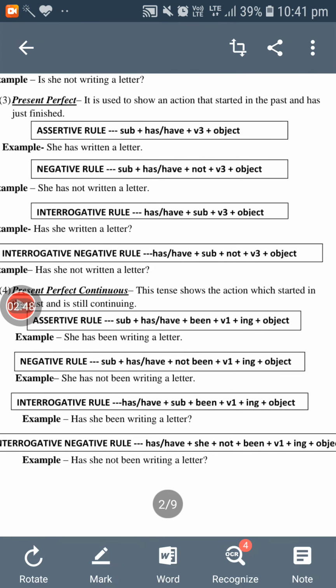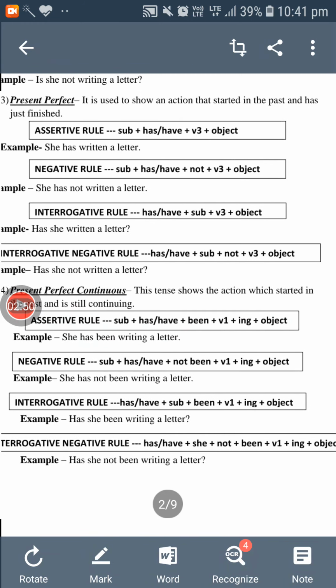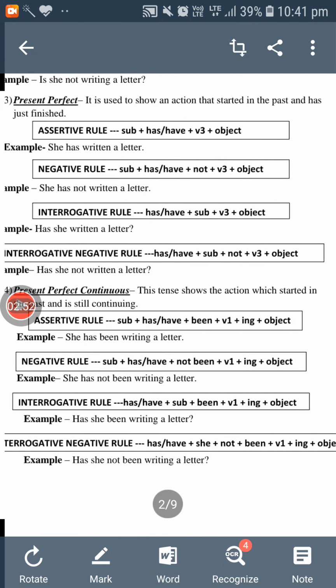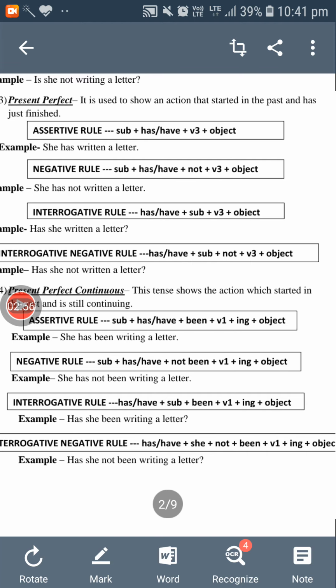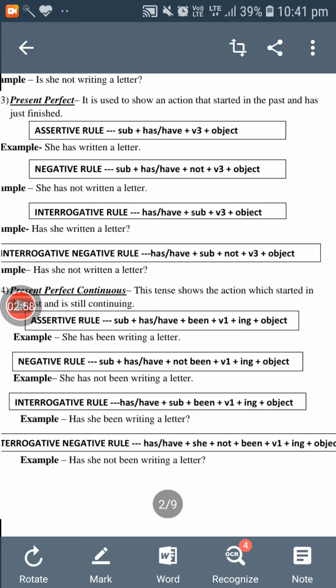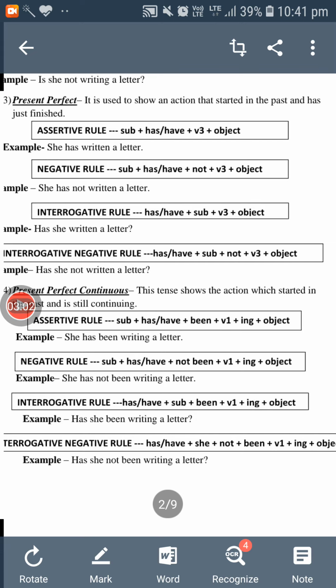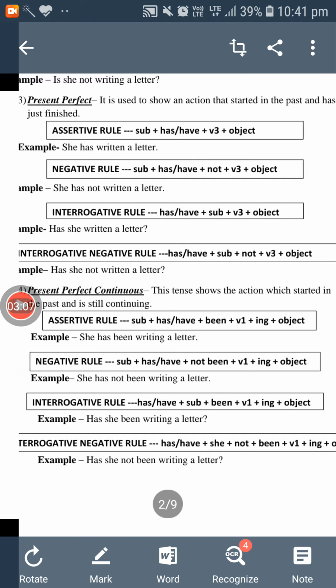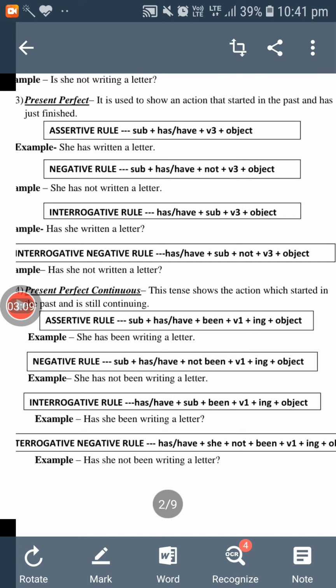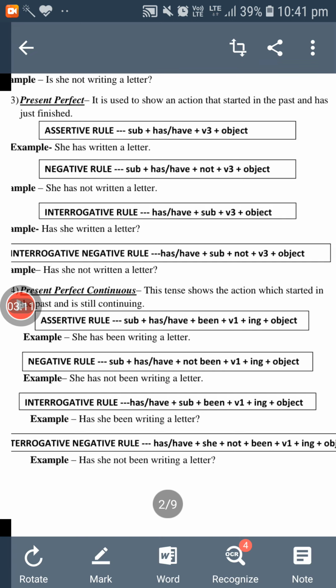Now let's talk about present perfect tense. In present perfect tense, in the assertive rule, we use subject plus has or have as helping verb and V3 form, that is the verb third form, past participle form, plus object. In a negative sentence, we use subject plus has/have plus not plus V3 plus object.